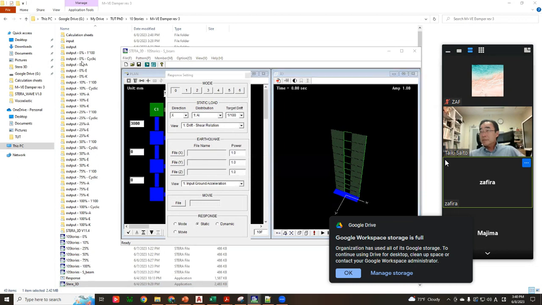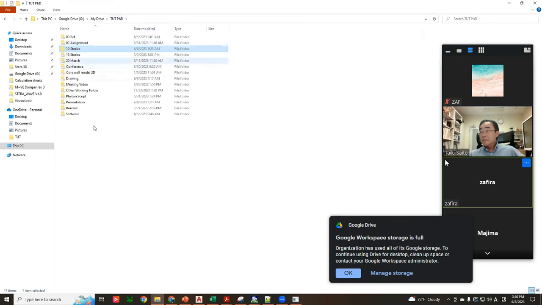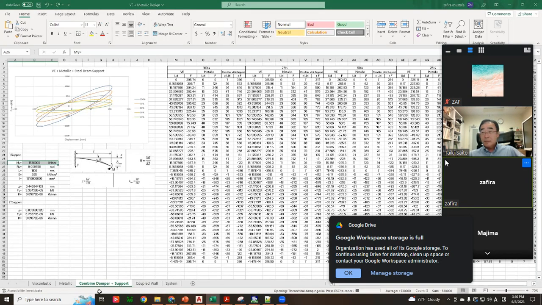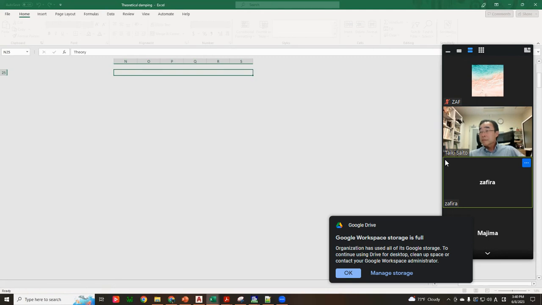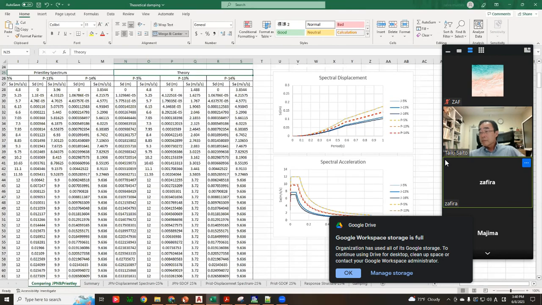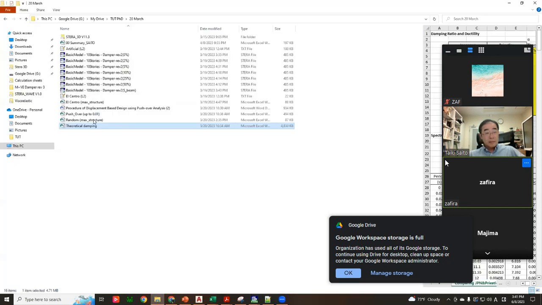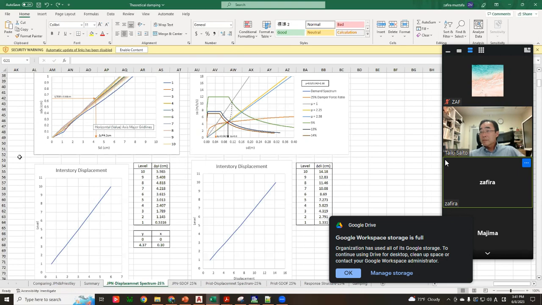I think last time we discussed this one. Yeah, so we get My, and then we can calculate the shear force.